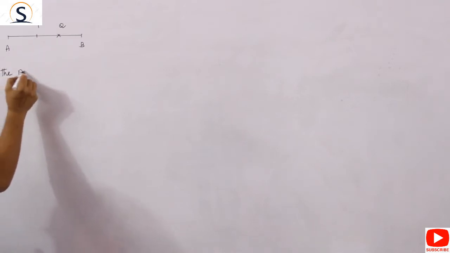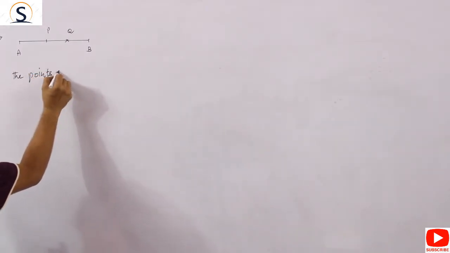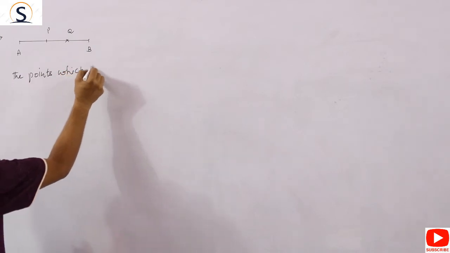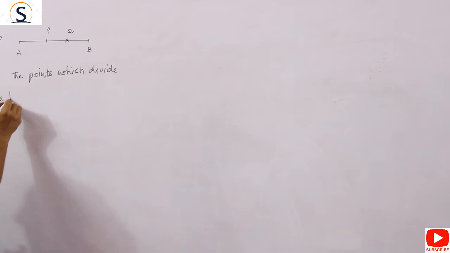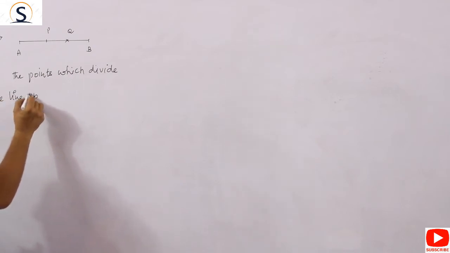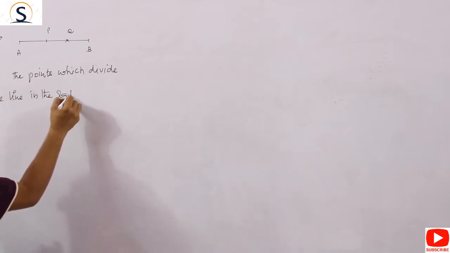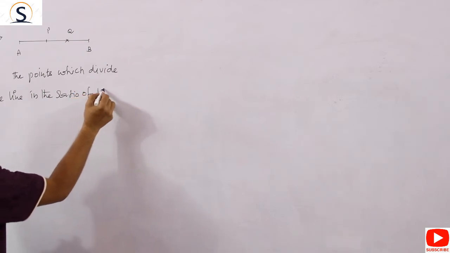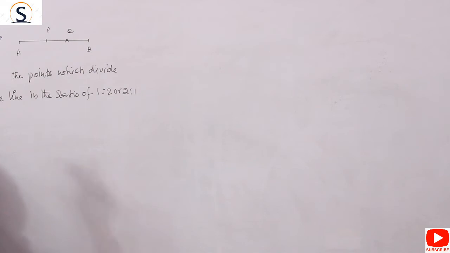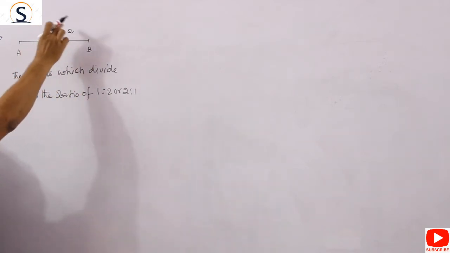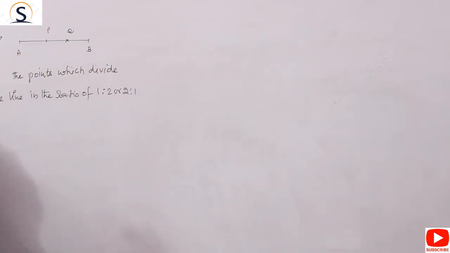The points which divide the line in the ratio of 1:2 or 2:1, these division points are called points of trisection.